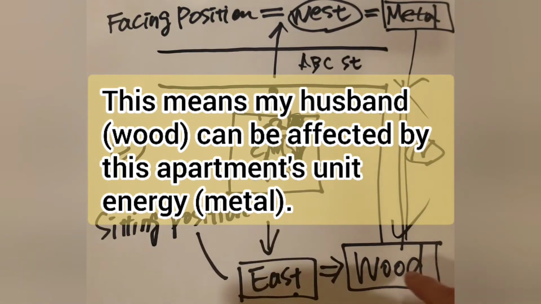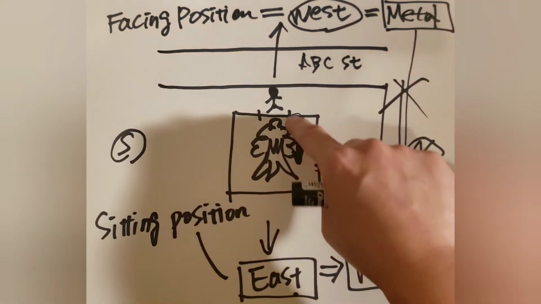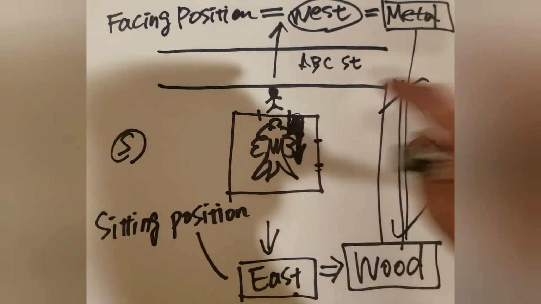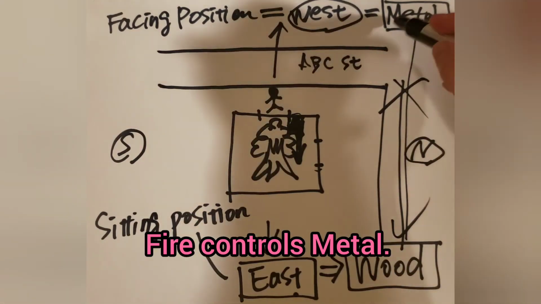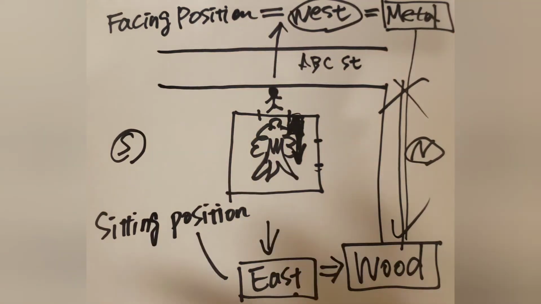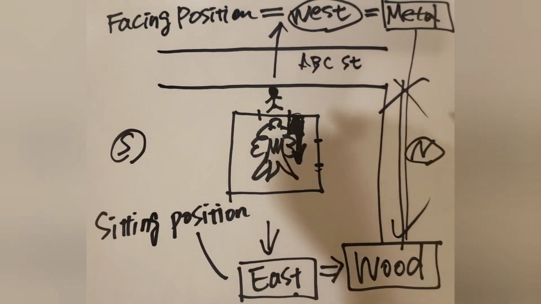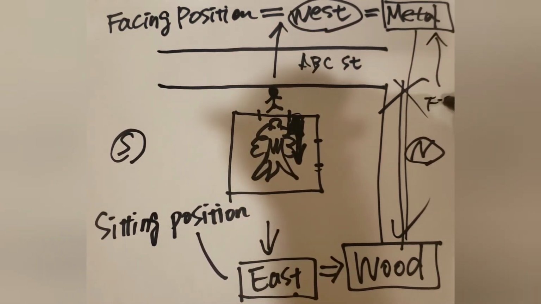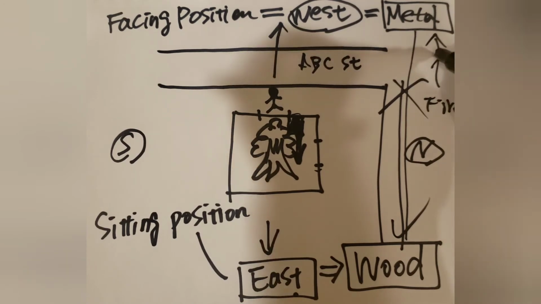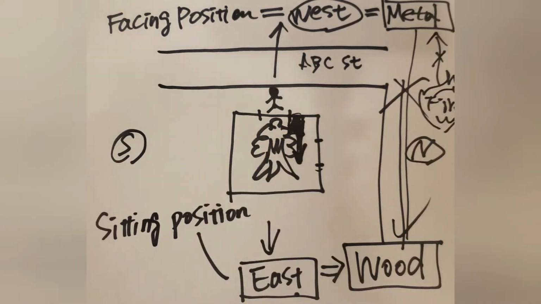So my husband, wood, is weaker than metal, meaning this apartment unit. But I, fire, am a controller for metal, because fire can melt metal. So I'm stronger than metal. I'm fine.